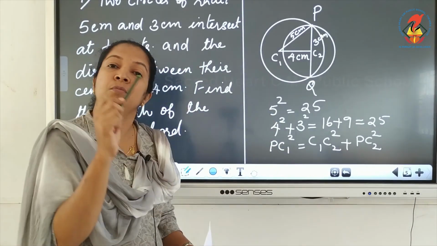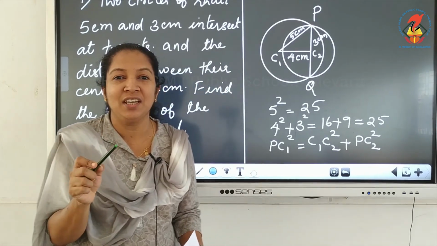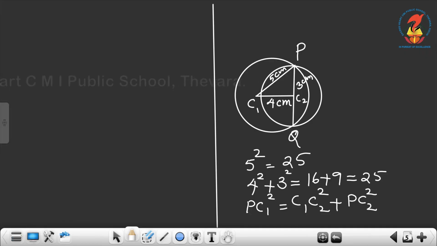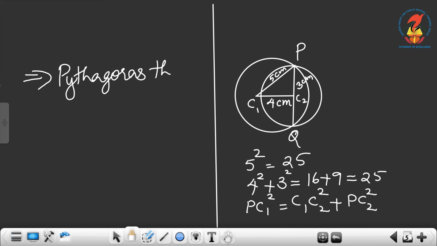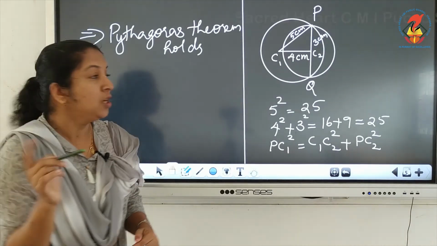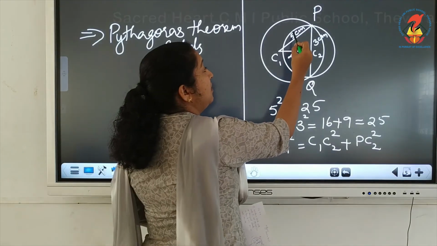If the Pythagoras theorem holds, one angle is 90 degrees, and that should be the angle opposite to the longest side. Which is the longest side here? The longest side is 5 cm.